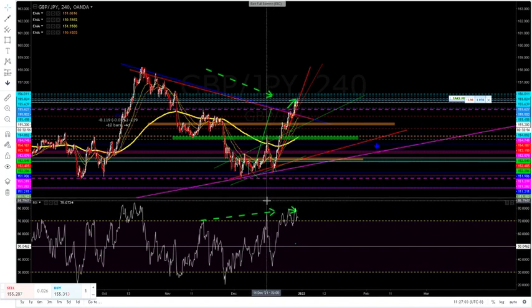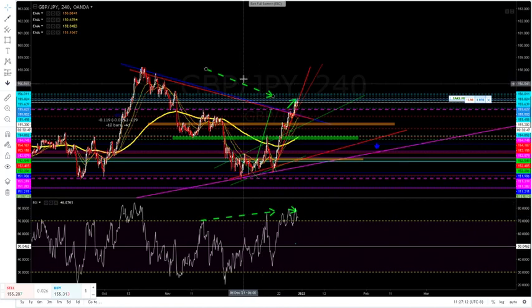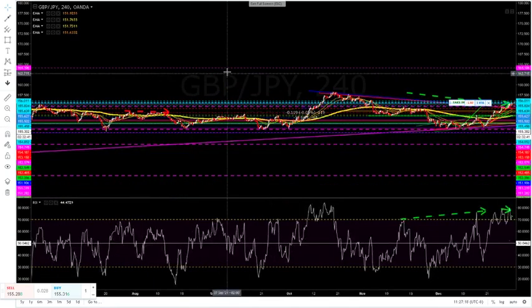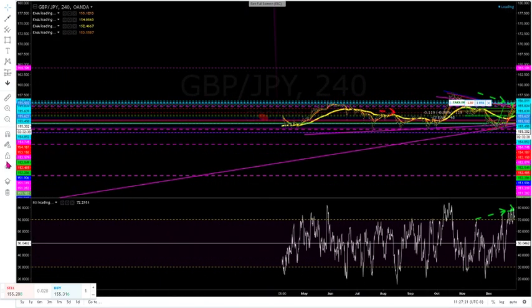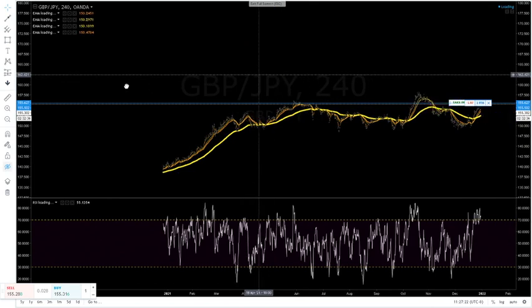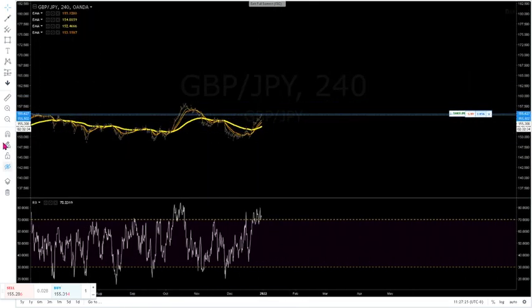So I'm going to get out of this as soon as I get a little bit of profit, because it's going to be a huge drop. This is a continuation of the overall trend, this bearish divergence. I didn't want to see that, but you got to trade what you see, not what you think.